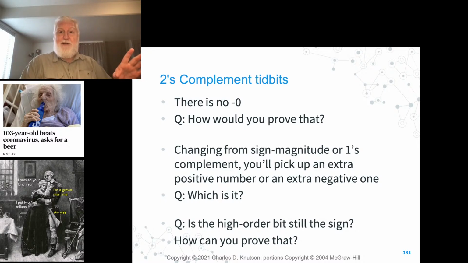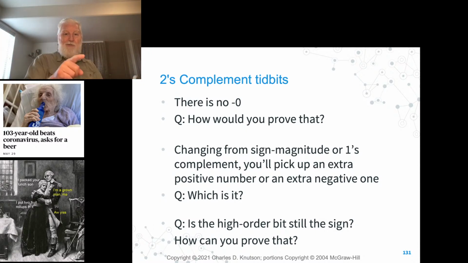In two's complement notation, if the leftmost bit is 1, it is a negative number. And if it's 0, it is a positive number. So 0, by definition, in two's complement notation, is a positive number because the sign bit is positive. So where do you put that extra number? 0 to 127 is 128 positive numbers.